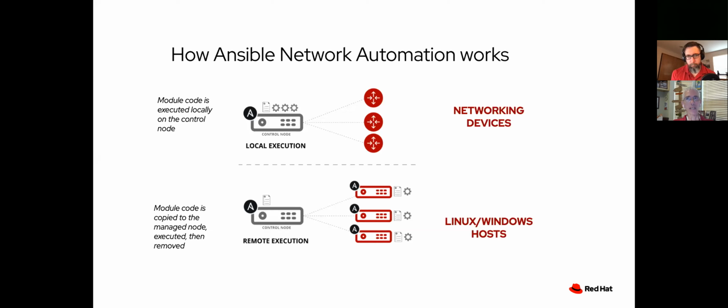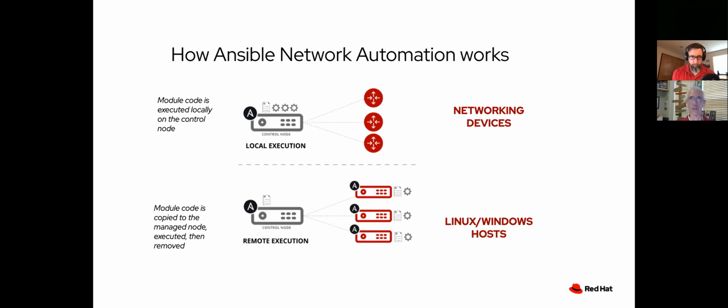So this is really the key part of a playbook, actually defining the tasks. Now, when we look at how Ansible actually works, it depends on what kind of device you're working with. As Jason was talking about, Ansible can be used for pretty much anything on the network: storage systems, networking devices, servers like Linux hosts and Windows hosts.